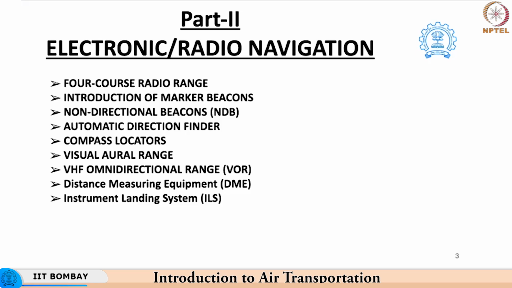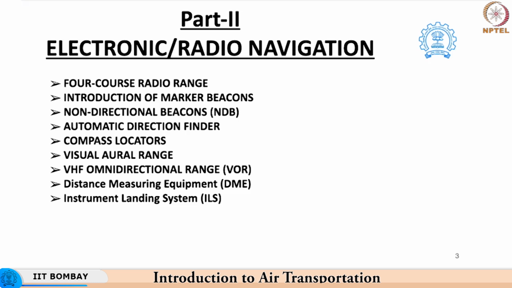The aircraft needs to tune into a particular radio navigation aid, and based on the underlying principle, the navaid will be able to provide proper assistance to the aircraft to carry out the overall navigation towards the navigation aid to which the aircraft has been tuned.